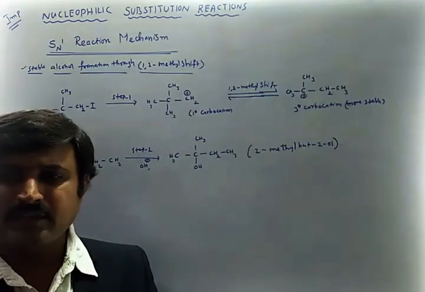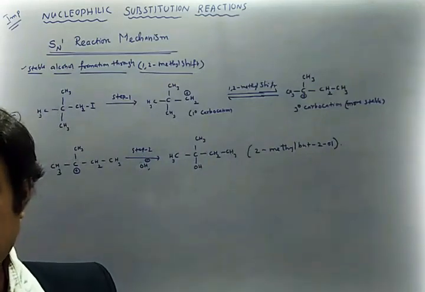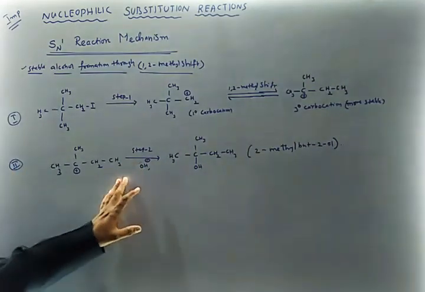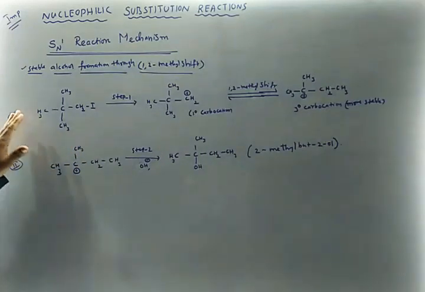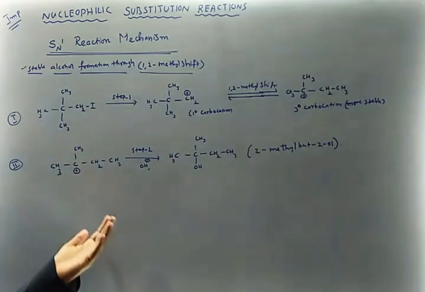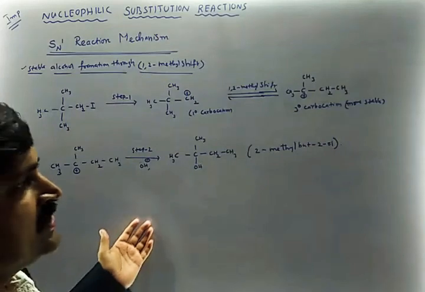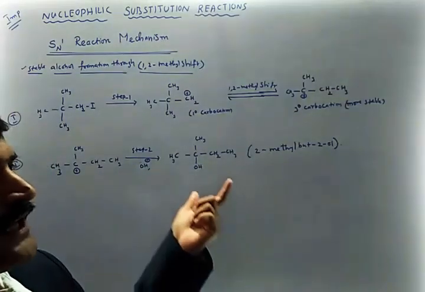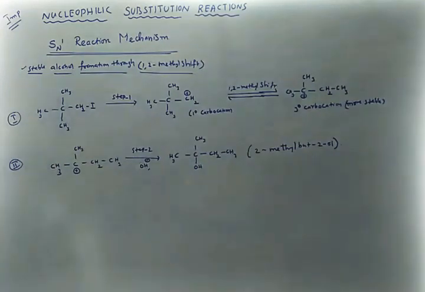Let us see one more thing. In this mechanism, finally what we understand is that we have a possibility of racemization. There is a possibility of getting inverted configuration along with retention of configuration.